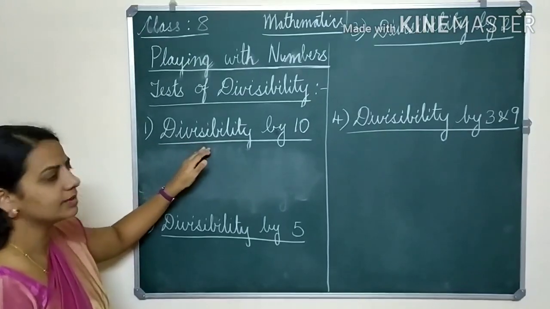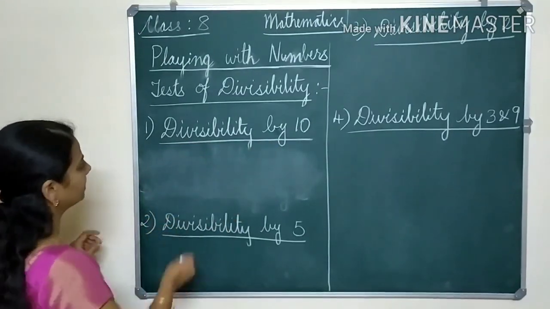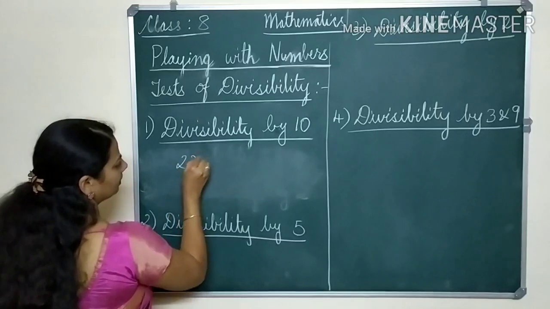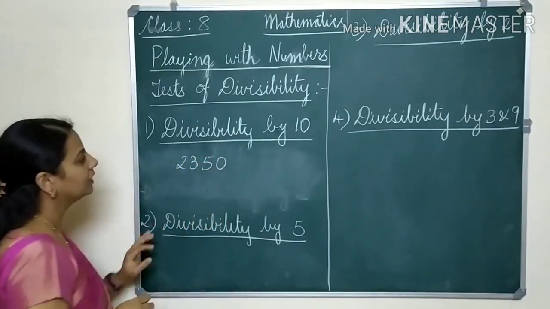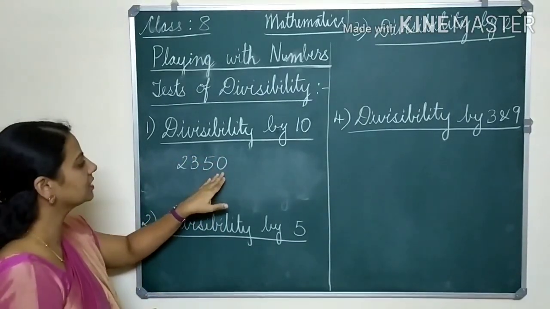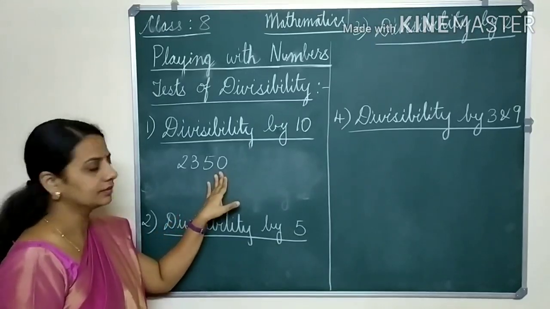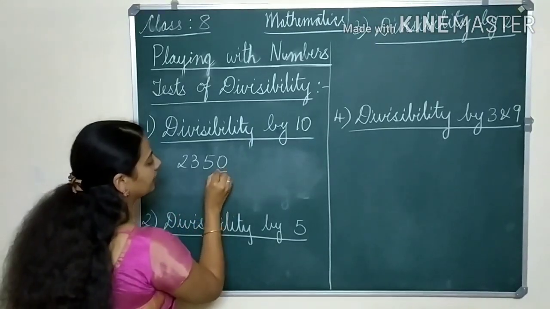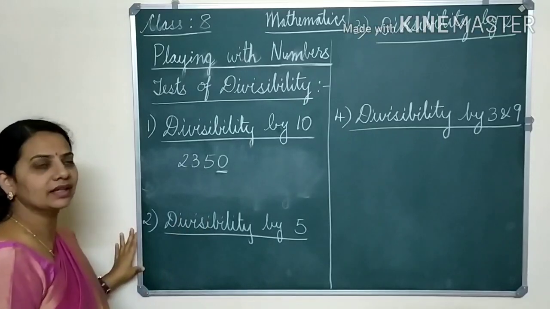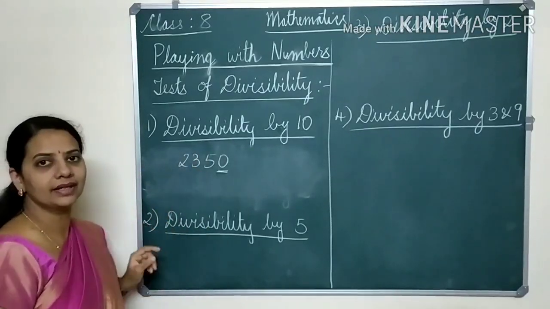The first one, divisibility by 10. Say for example, you just have to see the last digit of the number. If the last digit of the number is 0, then we can say this number is divisible by 10.